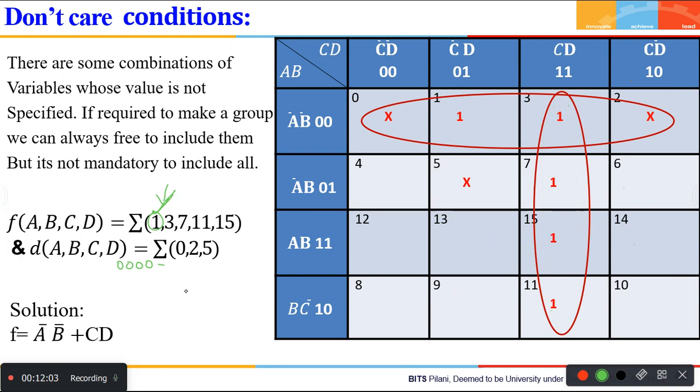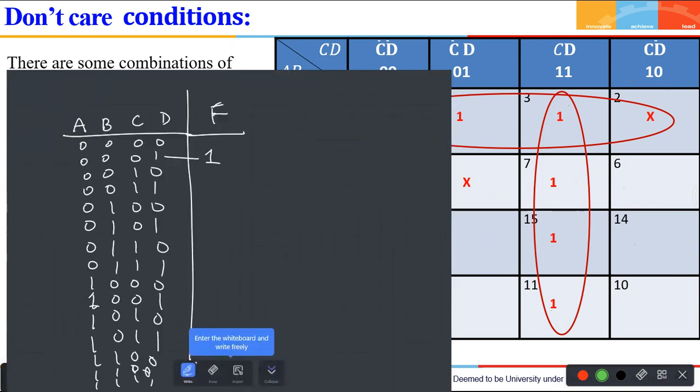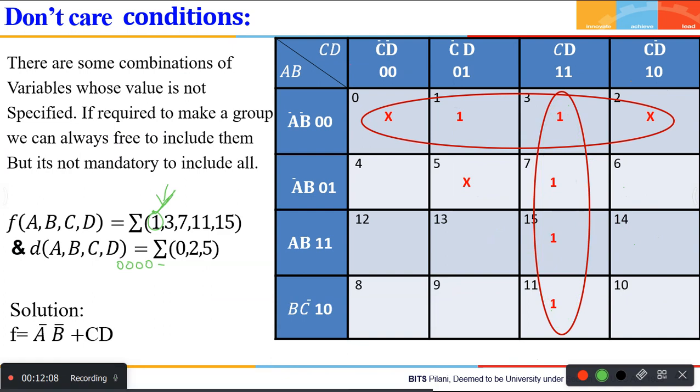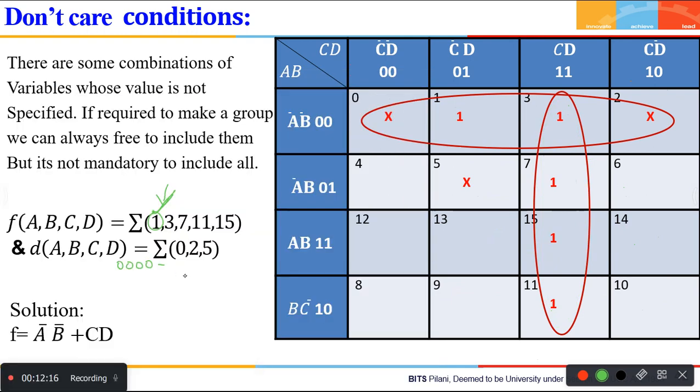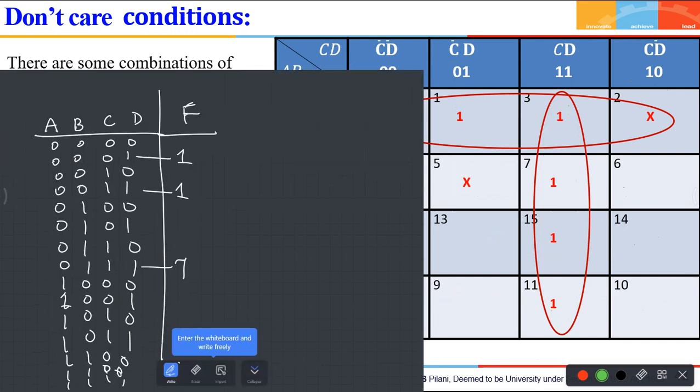Now similarly, where you have 1, 3, 7, 11 and 15, right? Output 1 here. All remaining places it is 0. This is what this equation represents.